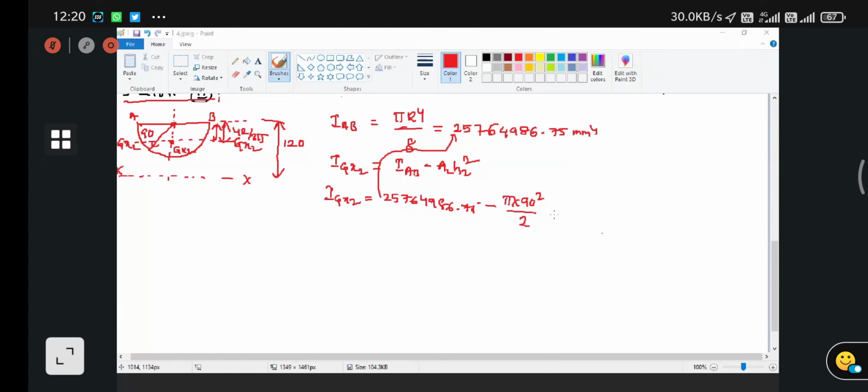Multiplied by the distance between those two parallel axes. What are the parallel axes here? They are your AB axis and your Gx axis. So the distance between these two is 4r by 3 pi. Now 4 into r, which is 90, divided by 3 pi. First I will find the value of 4r by 3 pi.